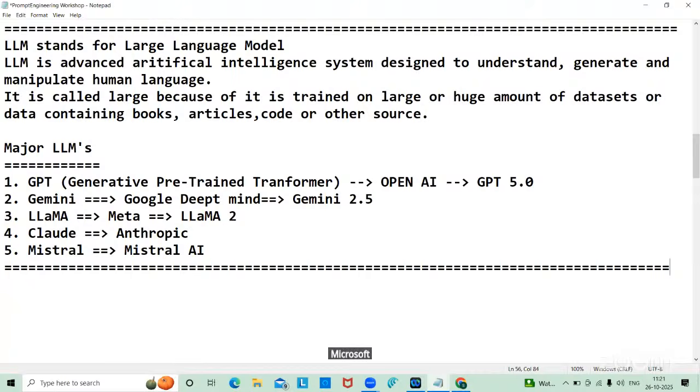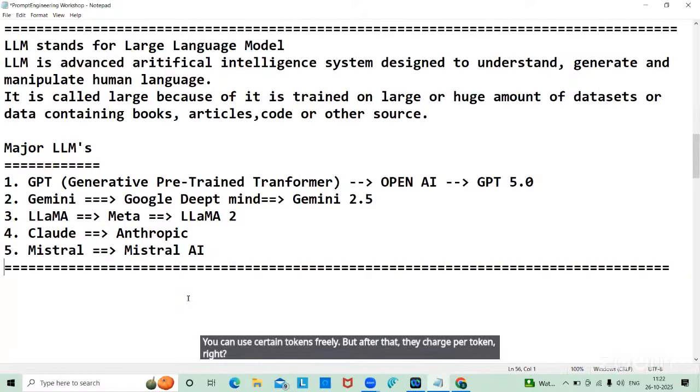Microsoft AI autocoder, yes. Some of them are paid apps. With some LLMs you can use certain tokens freely, but after that they charge per token.